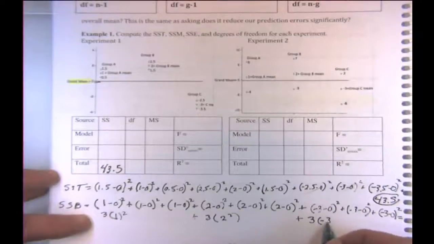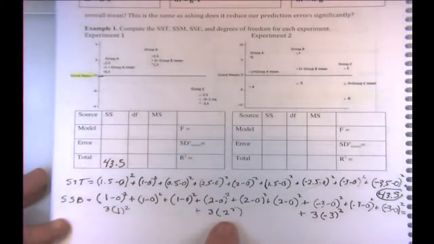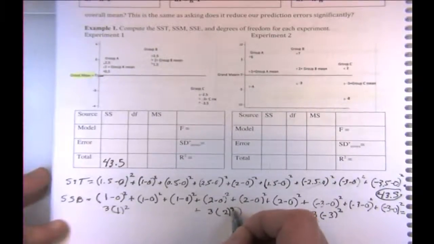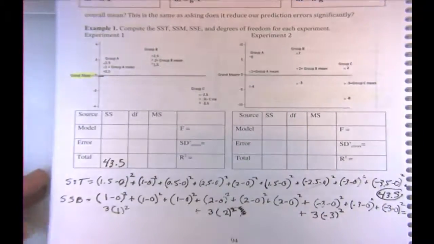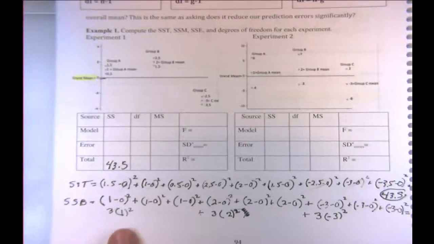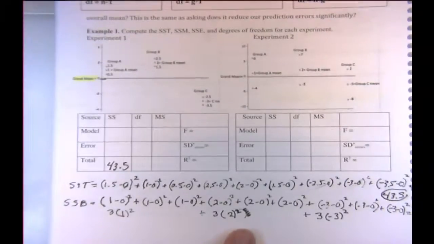So what does that give us? 9 times 3 is 27 plus, whoops, I didn't do this right, 2 squared. So here we have 27, and there we have plus 3, and here we have plus 3 plus 12. So that gives us 42. So this is equal to 42.